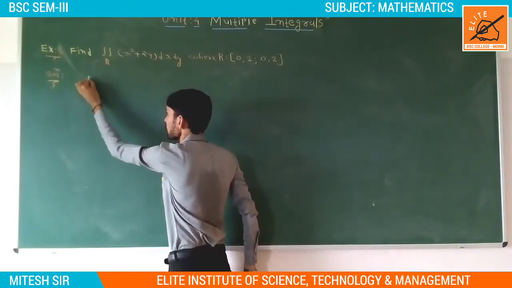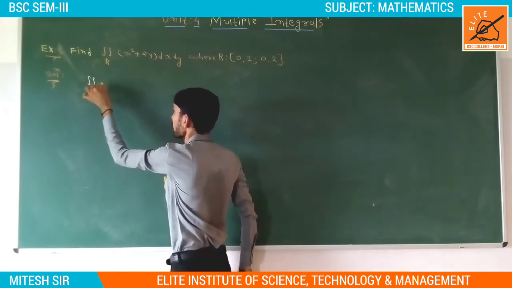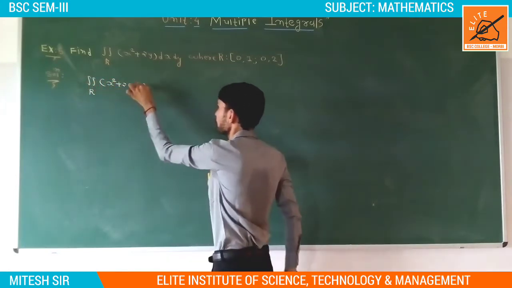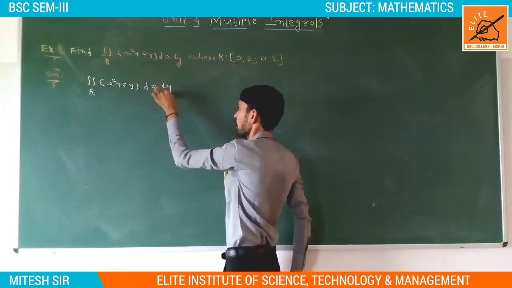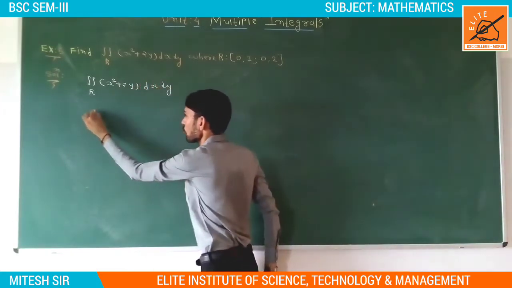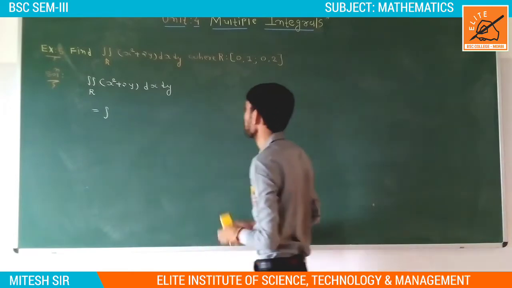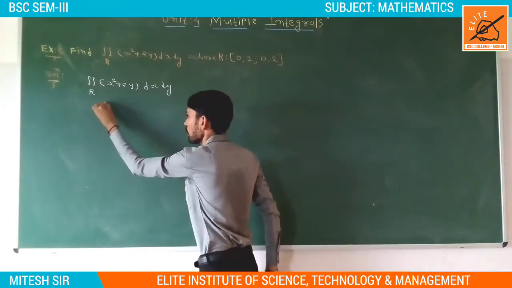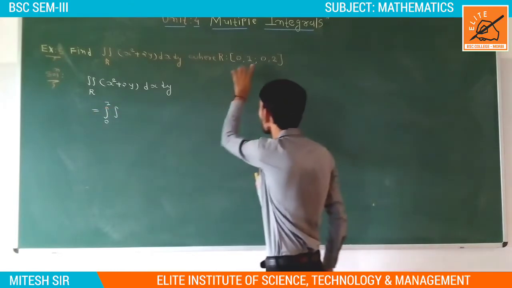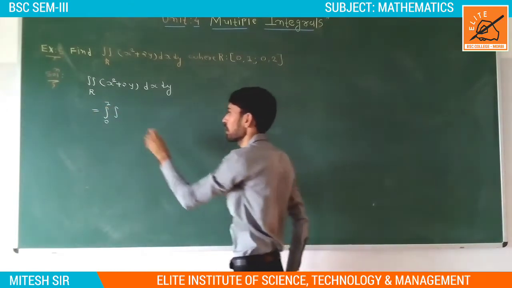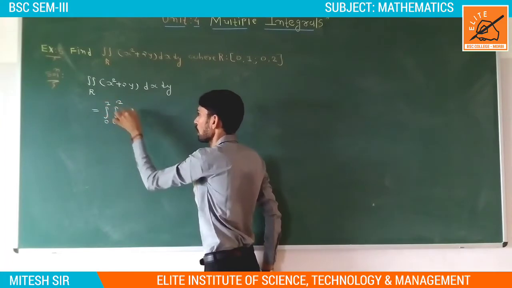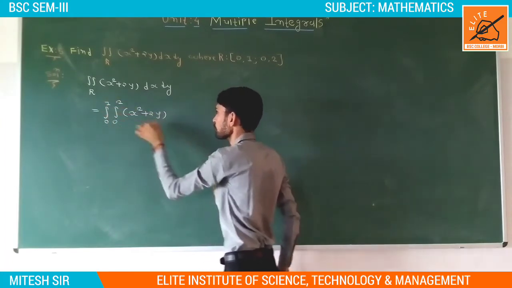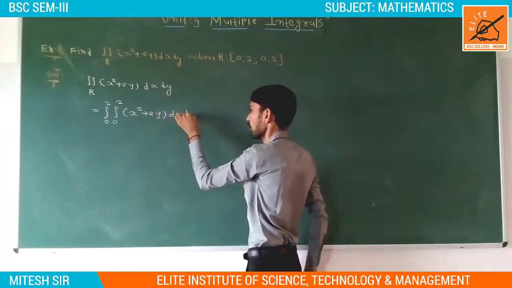So here we write the double integration over R of x square plus 2y dx dy is equal to, friends, the 0 to 1 is the first integration limit, so integration 0 to 1, and the second limit 0 to 2 is the limit of the second integration, and our function is x square plus 2y dx dy.